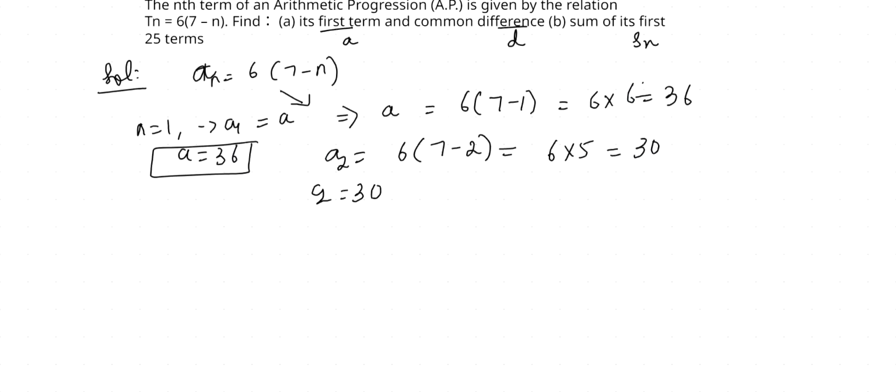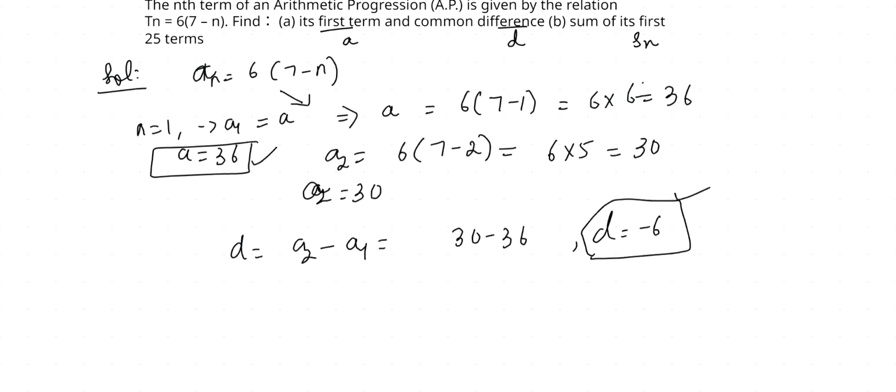Now that I know a1 and a2, what is d? It's a2 minus a1 or a2 minus a, which is 30 minus 36. So d happens to be negative 6. So I know a, I know d, the decreasing AP. Then I need to find the sum of the first 25 terms.